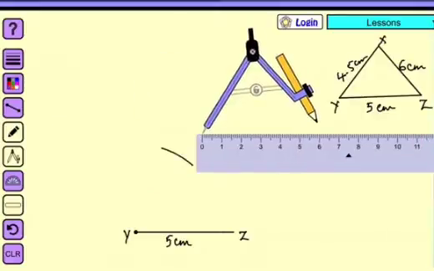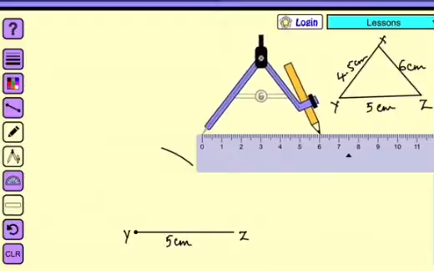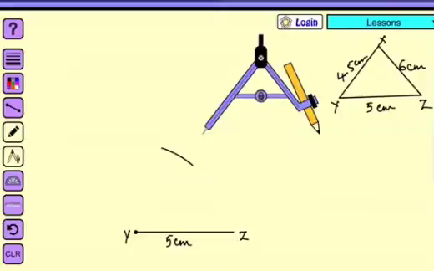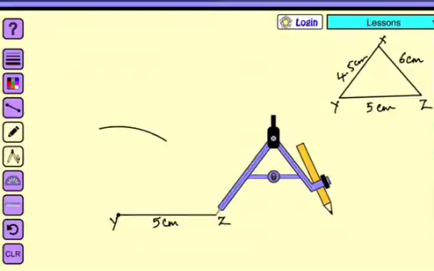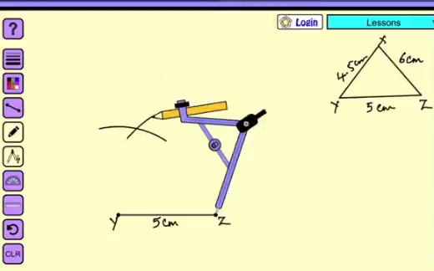You need to keep the pointed tip exactly at 0, and the other pencil tip, see to it that it is on 6. So this measures 6 centimeters. Now I'll lock it. So with Z as center, draw an arc of radius 6 centimeters.